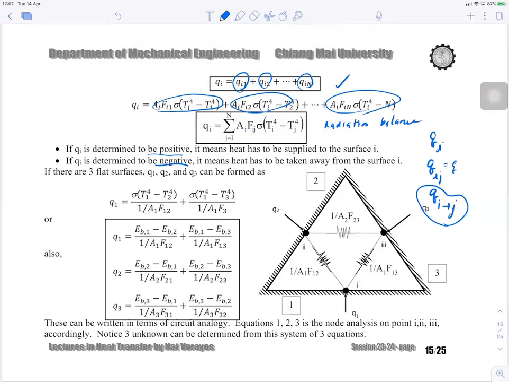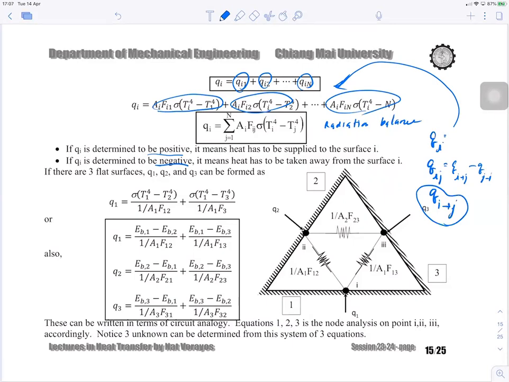And Qij equals Qi→j minus Qj→i, which is the radiation exchange. And Qi over here is the heat that has to be supplied to or taken away from surface i.